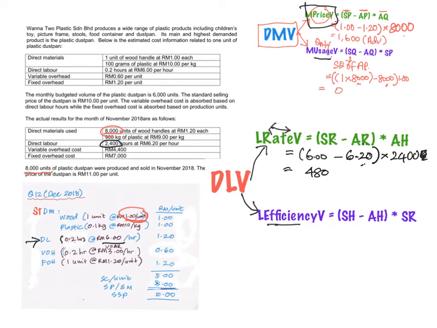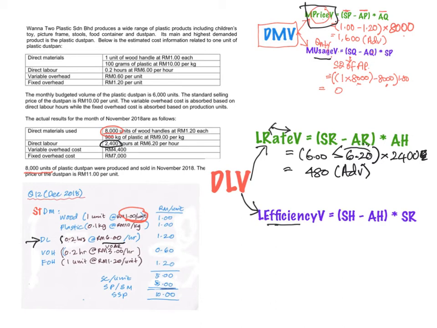So it means that you are paying your labor at a slightly higher rate than the standard rate. So that makes 480 here an adverse variance, because you are paying more than what the standard usually is. That is labor rate variance.